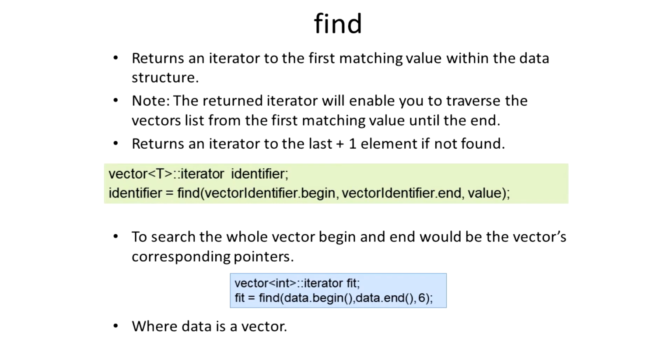We can use the find method from the algorithms library to search through the vector and return the matching value if it finds it. And also, it can return an iterator so that you can search through the remainder of the list from the element in which the value was found. So this would be really helpful for trying to locate duplicates that are later on in the list.